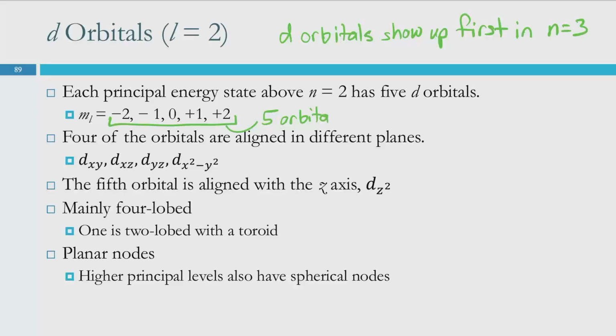We've got 5 options for m sub l, meaning that we've got 5 orbitals, meaning we've got 5 separate individual shapes. Look very similar. They're aligned just in different planes. The fifth one is goofy, and that's our dz squared.